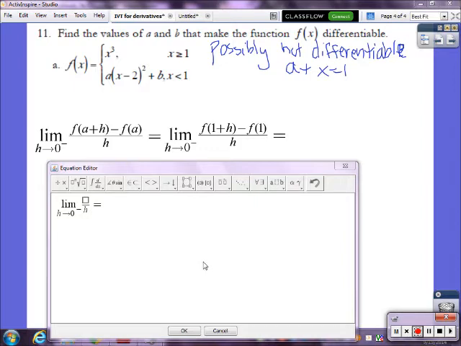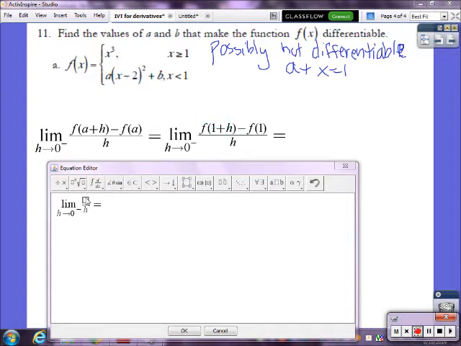In my setup, I know I'm going to have the h in the denominator, but how do I write out this numerator? The thing I have to remember is this 1 plus h is the input for x, and that's it. So the only thing I change when I write this out is the x. I'm going to type it out exactly like it is here, except when I see an x, I'm going to put 1 plus h.